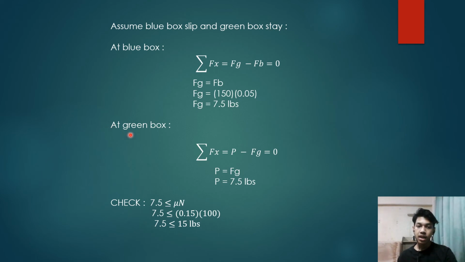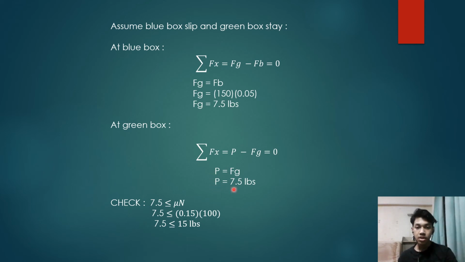Meanwhile, at the green box, the summation of force on the x axis is P minus Fg equal to 0, so P is equal to Fg. Then we get the P value of 7.5 pounds. We already have the P value, but before that we need to check it against the previous condition, which it must obey.